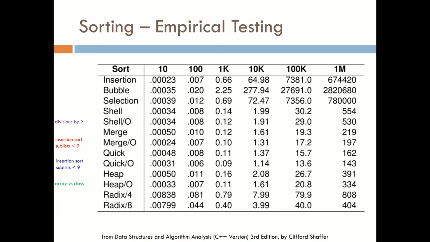And then we've got some optimizations on the side here: shell, optimized, merge, quick, and heap. Those optimizations are listed to the left. By shell optimize, we mean that the divisions of sorting are by 3, so that we would probably do, say, a 9 sort and then go down to a 3 sort.